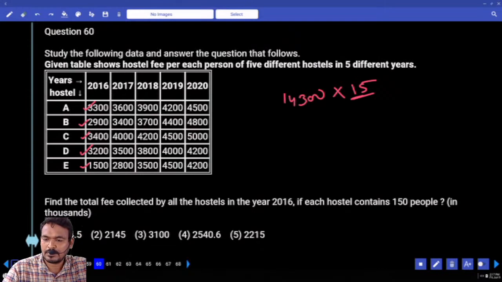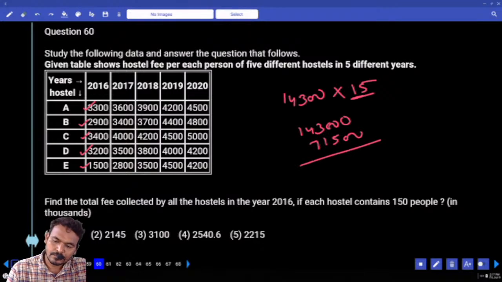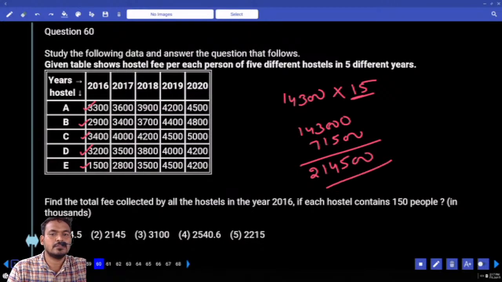What are the 10 times? 14300, again 0. Okay, again how many times we need? 5 times, half value. What are the 14 of 7? 3000 of 1500. Total it is 214500. What is the answer? 2145.